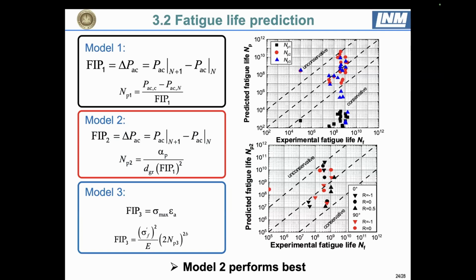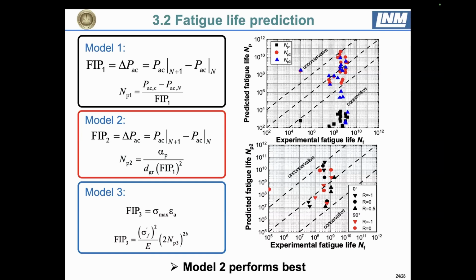Here we use 3 different fatigue indicator parameters. One is the accumulated plastic strain when it is saturated, and another is the accumulated plastic damage over a grain size. The third one is a kind of SWT model, where we take the elastic part.